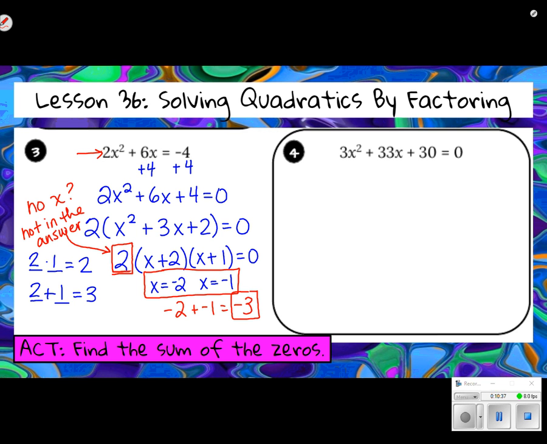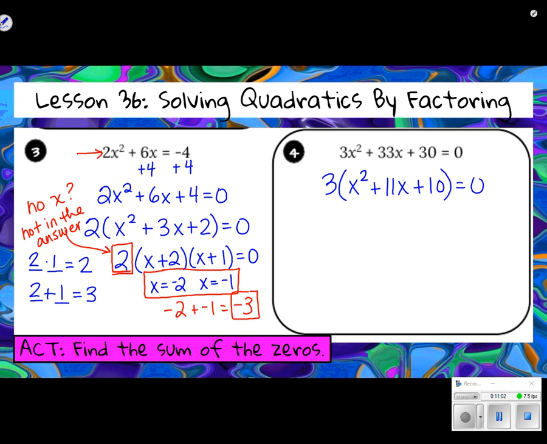All right, number 4. Hey, it equals 0. We don't have to do that step. That's good. So it already equals 0. I think we have a greatest common factor. Do you see? I think it's a 3. Let's factor that out. If I factor out that 3, I don't have to do slide and divide, which should make most of you happy.